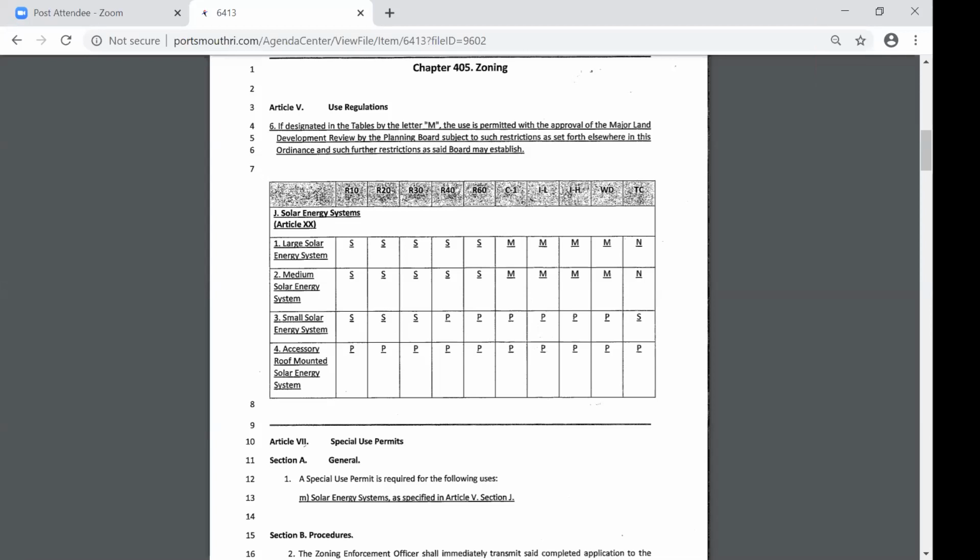But because by definition, my lot is either 40,000 or 60,000 square feet, and a small system, remember, has to meet all the setbacks. So if I have a 30-yard front yard, 30-yard rear, and 15-foot sides, none of it could be there. If I have a 40,000 square foot lot and a 20,000 square foot house, I would have already exceeded my 20% lot coverage, and I couldn't do anything.